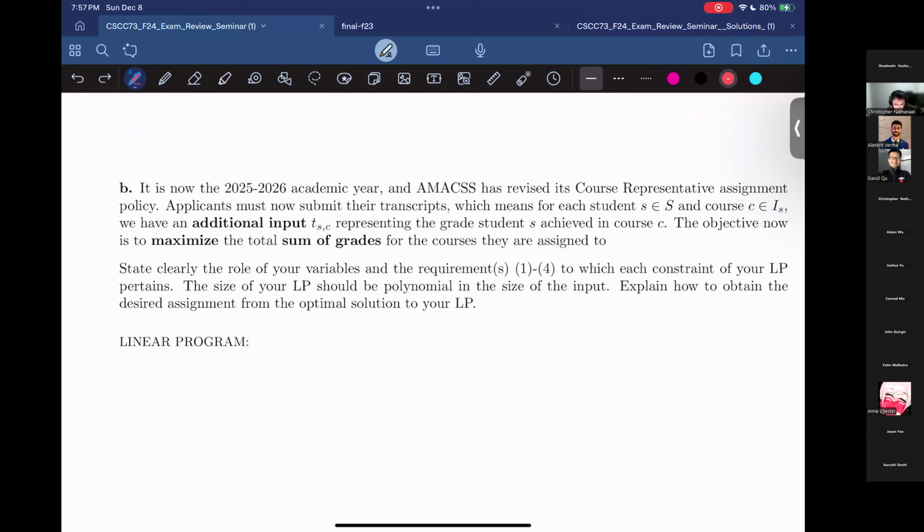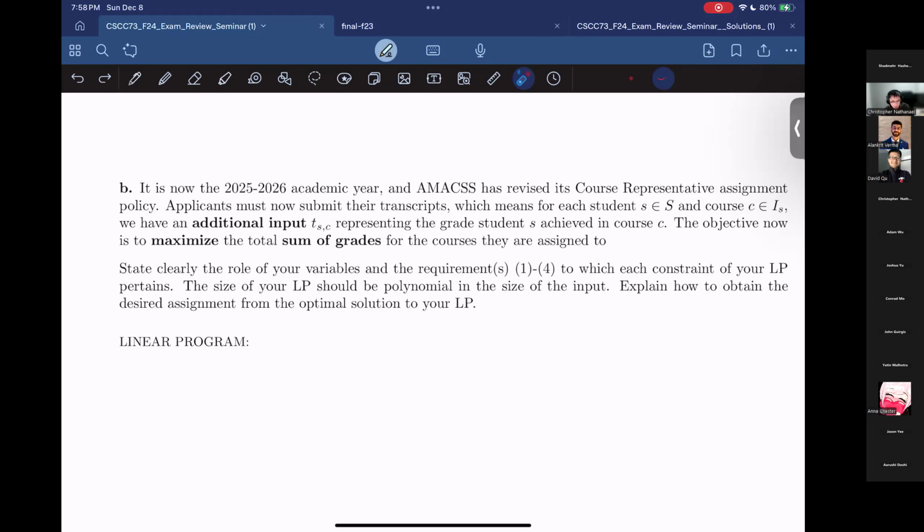Applicants must now submit their transcript, which means for each student S and course C in IS, so the course that they're interested in, we have an additional input, T_SC, which represents the grade student S achieved in course C. The objective now is to maximize the total sum of grades for the courses that course reps are assigned to.